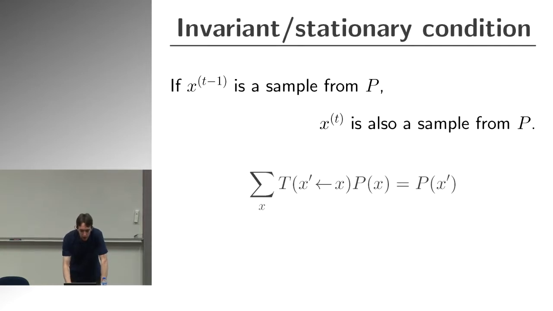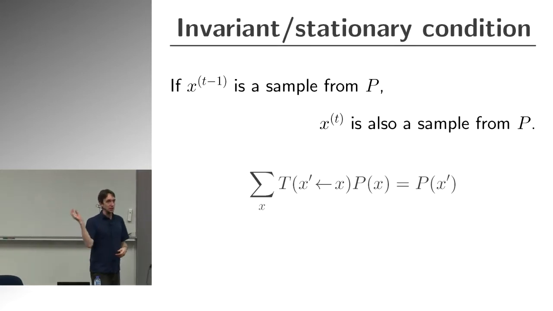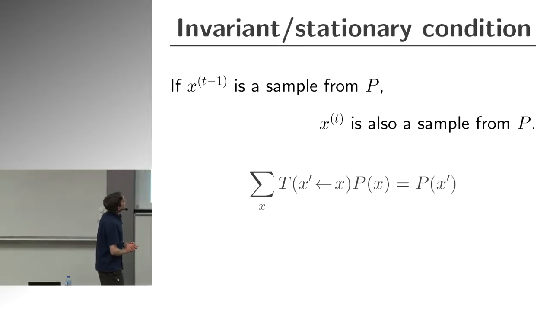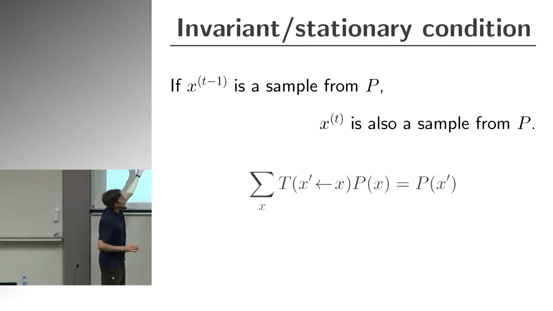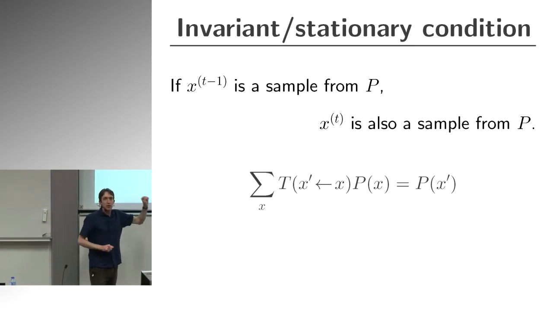Okay, so there are a couple of rules that you can follow to try and construct a Markov chain that satisfies this property that you draw samples from a distribution you want, P. So in all these slides, P is the distribution we're interested in. Q is usually some arbitrary distribution that's convenient to use. So this equation is the most important condition that a Markov chain algorithm should satisfy.